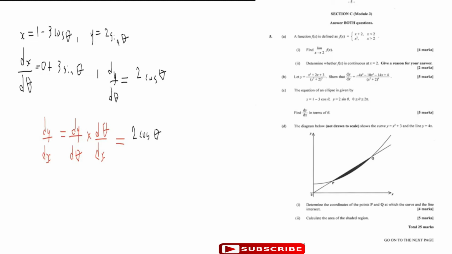But we know dx d theta, so d theta by dx is 1 over this. So it's multiplied by 1 over 3 sine theta. And so this is going to work out to be cos over sine, which is cot. So it works out to be 2 over 3 cot theta. That's dy by dx. Nice and easy.